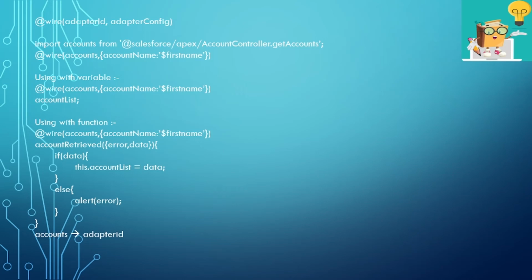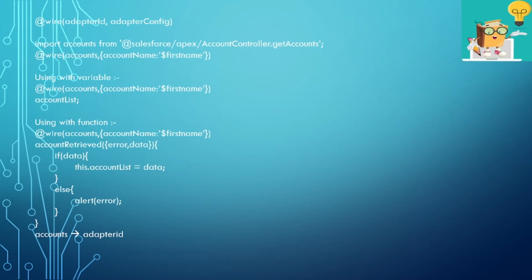That detection happens via the dollar. So by using the dollar, your wire decorator detects the change in the firstName value, and hence it refires, or reconnects to your adapter ID, and gets a fresh set of data. This is the use of $firstName.